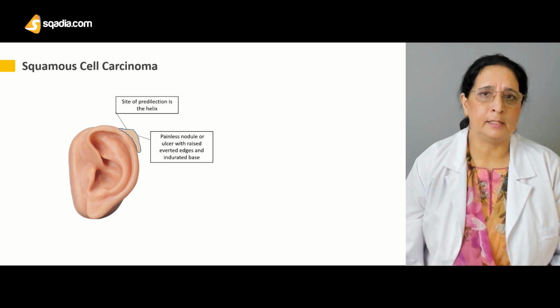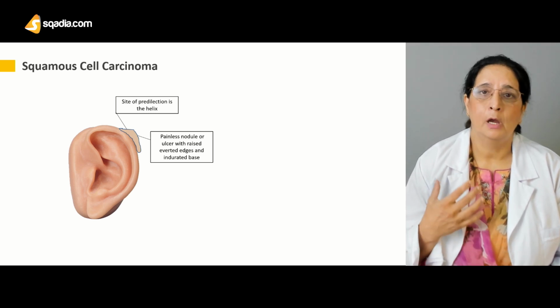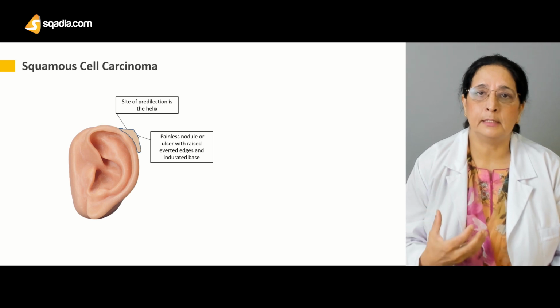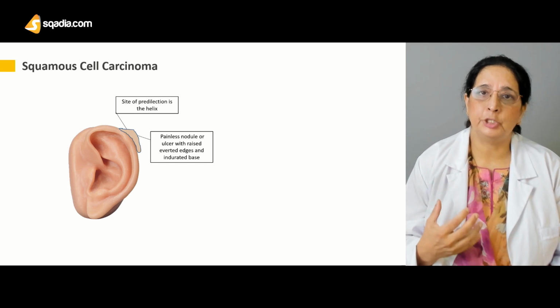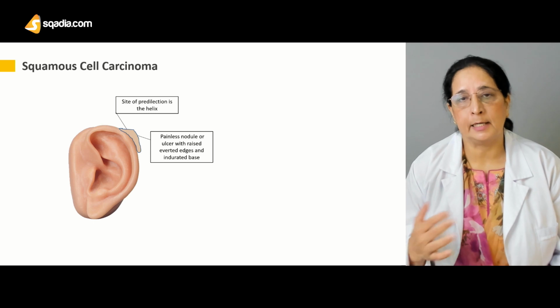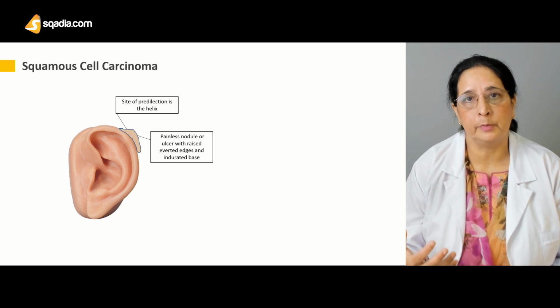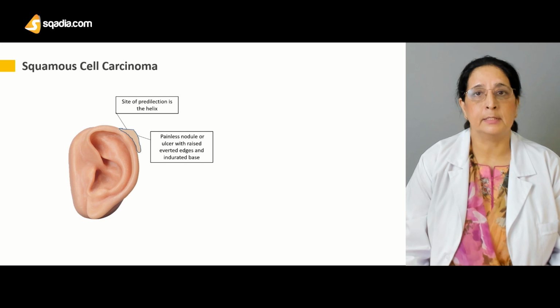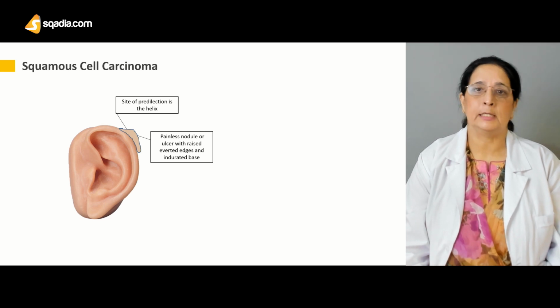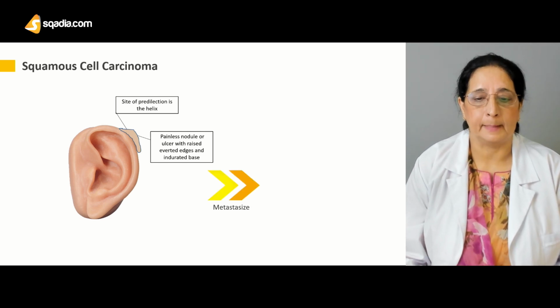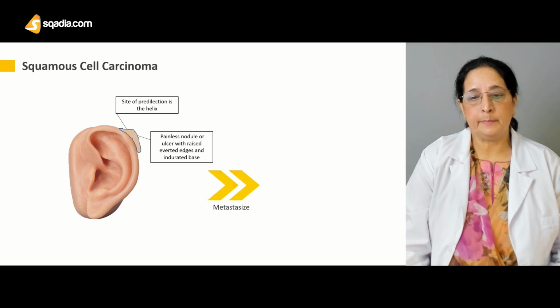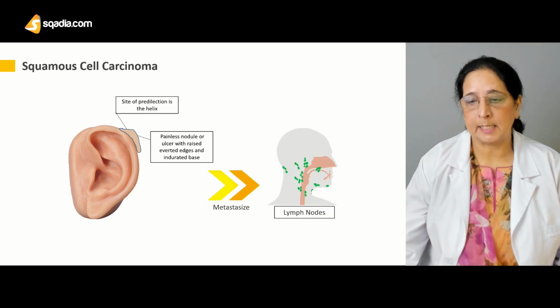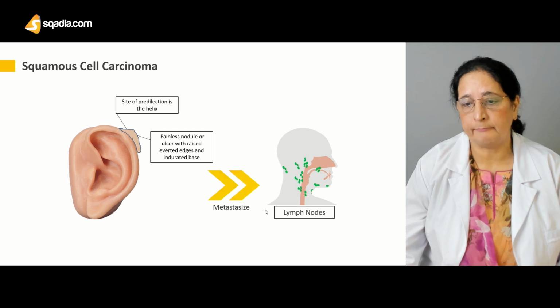Any growth you see on the external ear, pay attention to it. Don't take it lightly thinking it will go away. It's better to be checked, because if it's a malignant growth, it can spread very rapidly. Squamous cell carcinoma metastasizes to the lymph nodes.